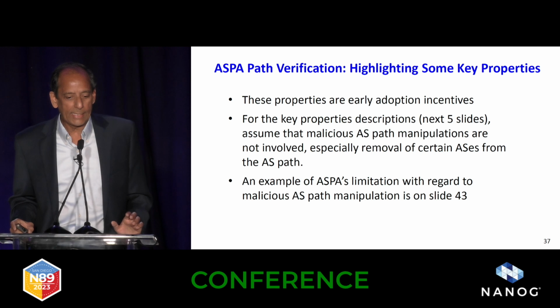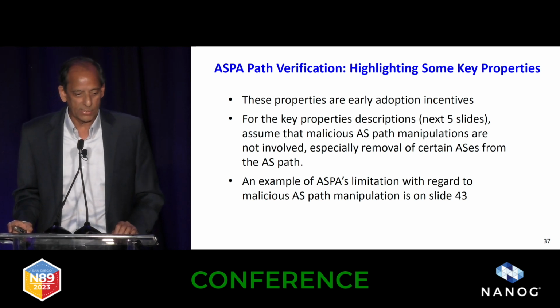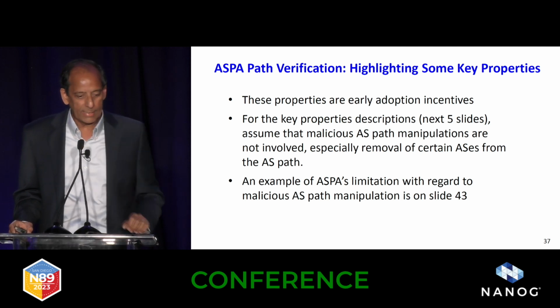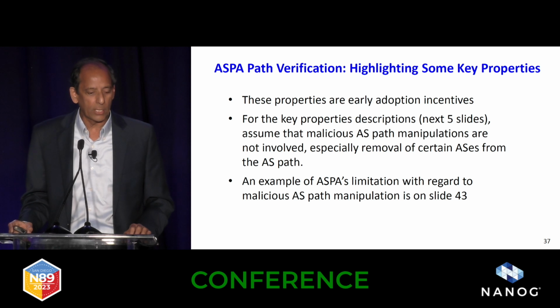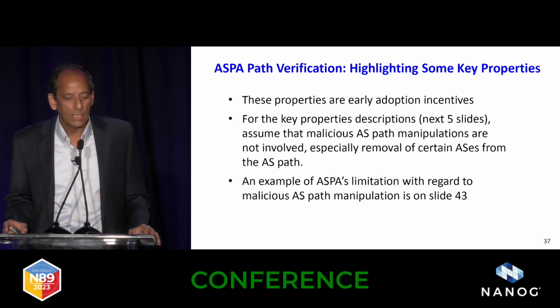So now we'll highlight a few key properties, and with that we will wrap up the presentation. These properties are definitely encouraging for early adoption. So they are pretty good early adoption incentives.